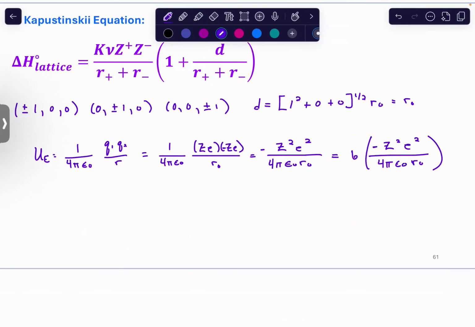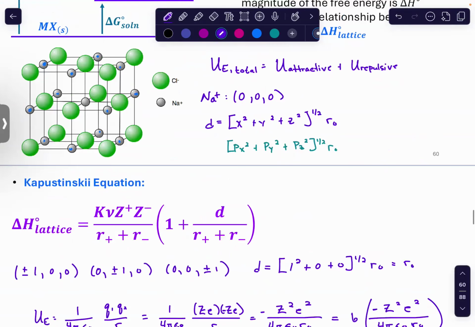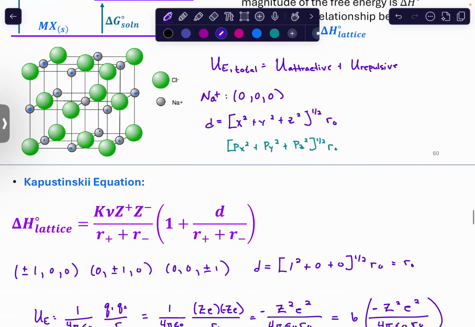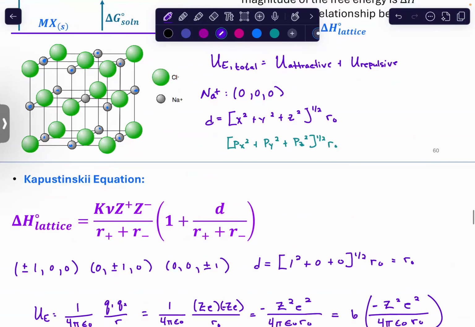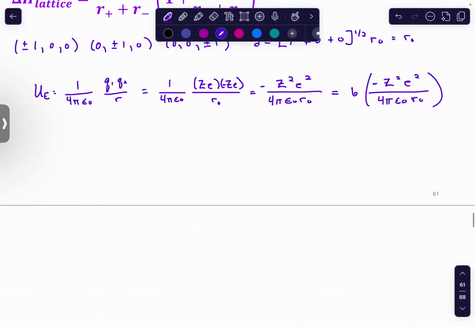Okay, now, so that's 12 sodiums. Now let's think about where they are. You notice those chlorides were at nice vertexes. But these are going to be at combinations. So they're going to be 12 sodium ions at plus or minus 1, 1, 0.